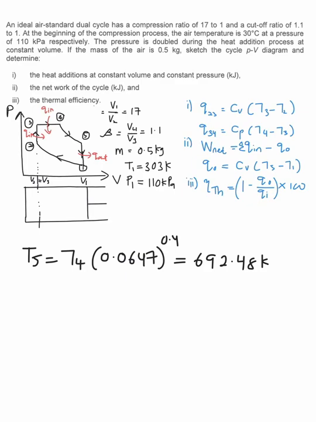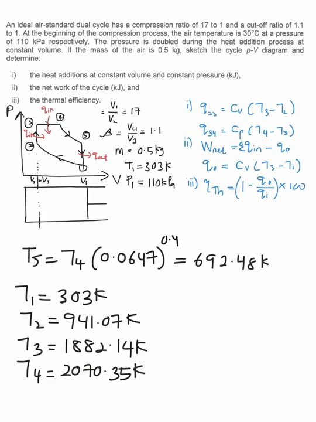Now that we have all the temperatures that we need, we can solve this problem. So let's list down from temperature 1 until temperature 5 that we have. You can see that T4 has the highest temperature here.